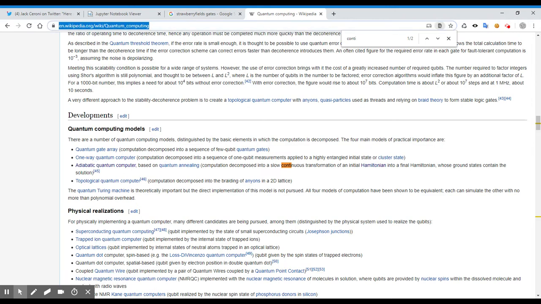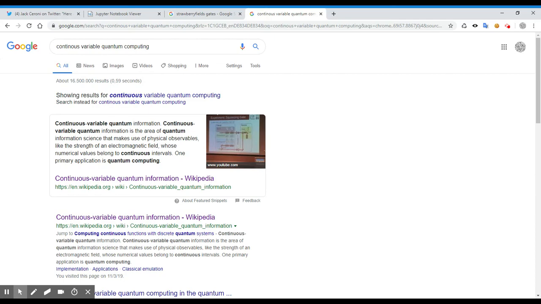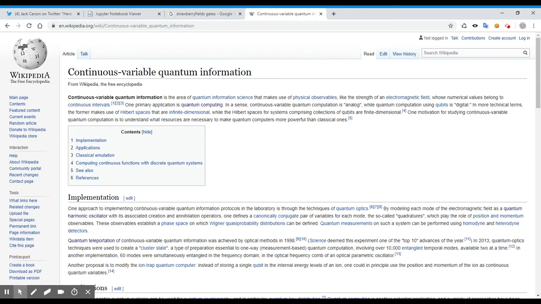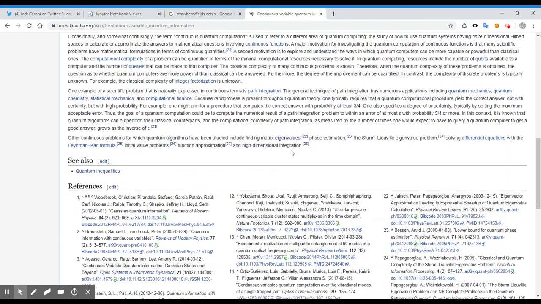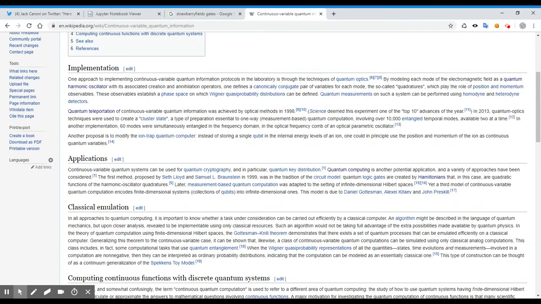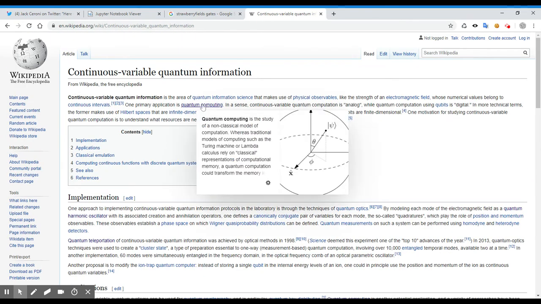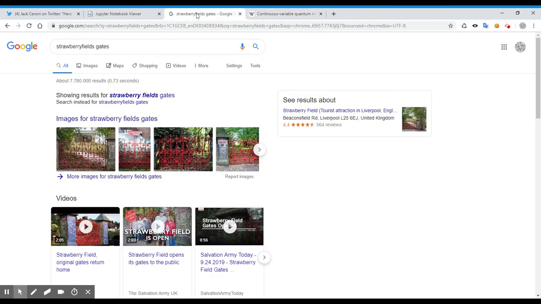Use quantum, no, continuous variable quantum computing. There's no proper Strawberry Fields gates.